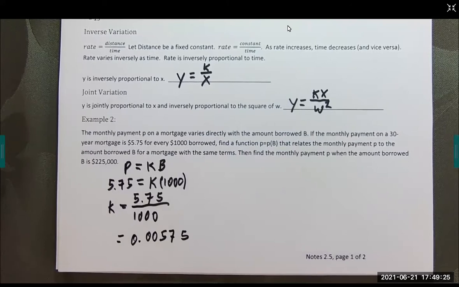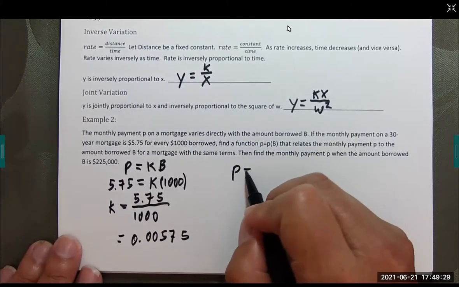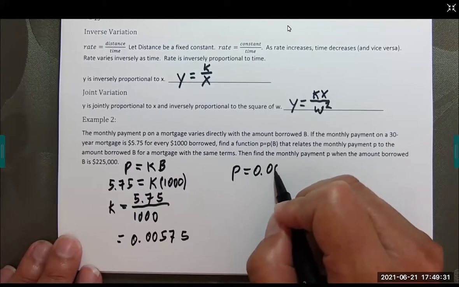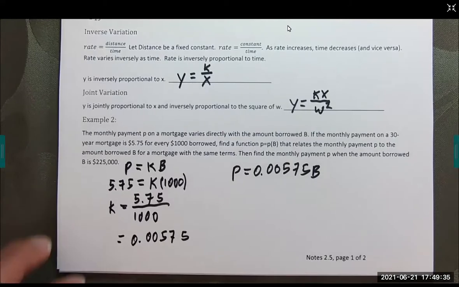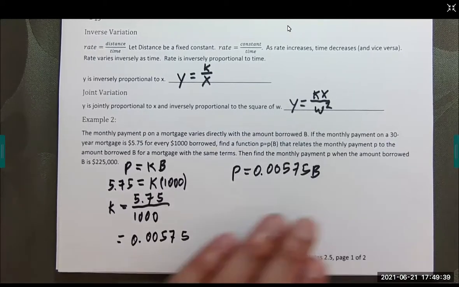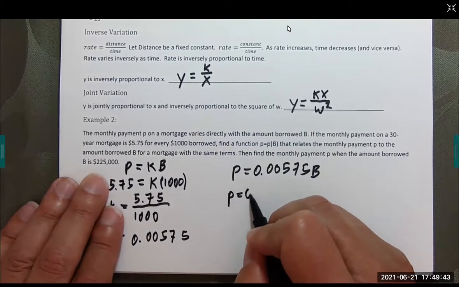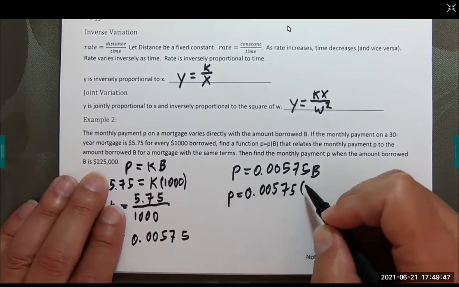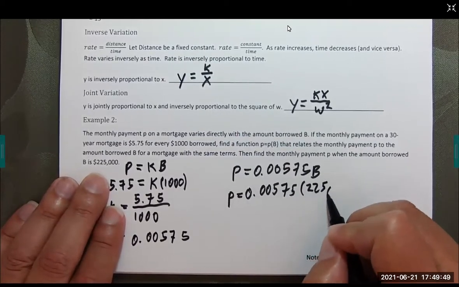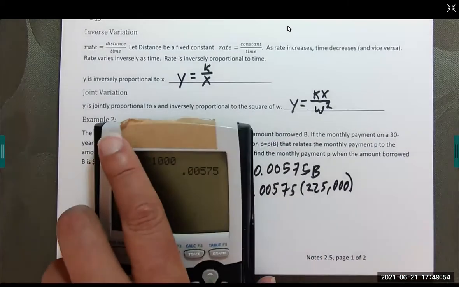Which means our new function is going to be P equals 0.00575 times B. Now they want to know what the monthly payment is going to be when the amount that was borrowed was 225,000. So now I'm going to go P equals 0.00575 times 225,000. So I have that number already in here.